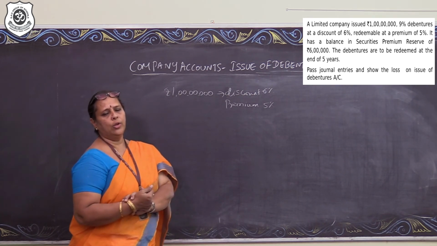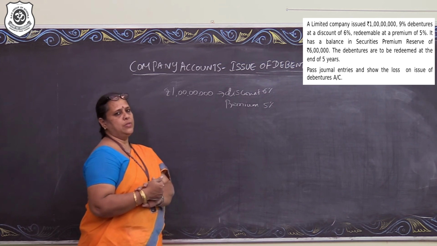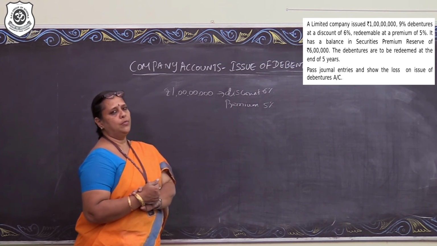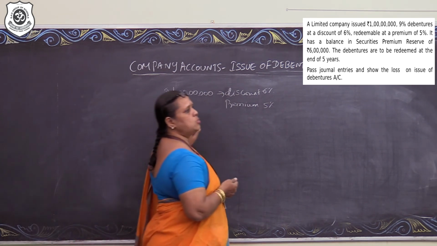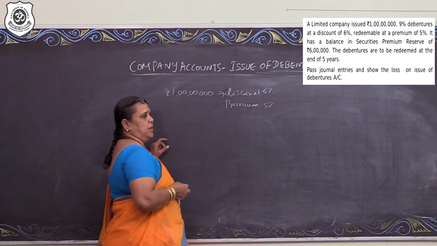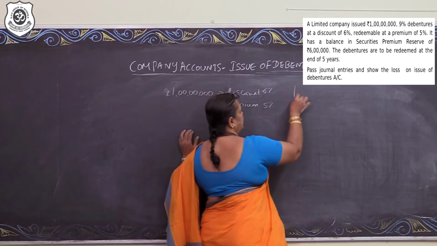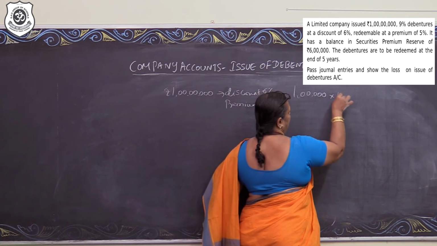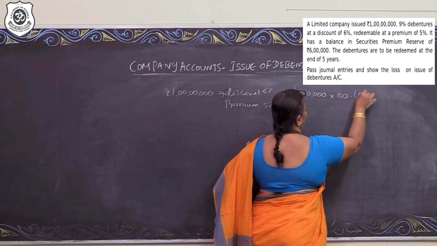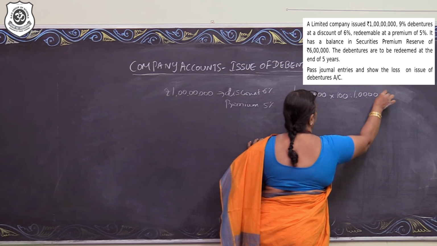I already told you, in the absence of any specific information, the face value of debenture is always 100 rupees. So rupees 1 crore debenture means totally 1 lakh debentures of rupees 100 each gives you 1 crore.